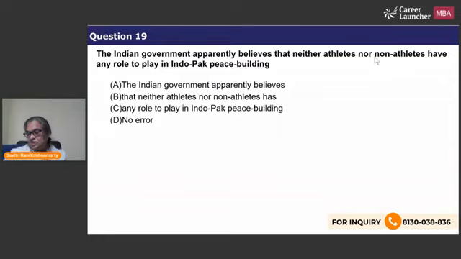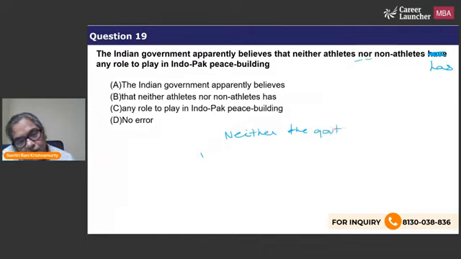See the options. See the options. C. Neither the government nor the player.